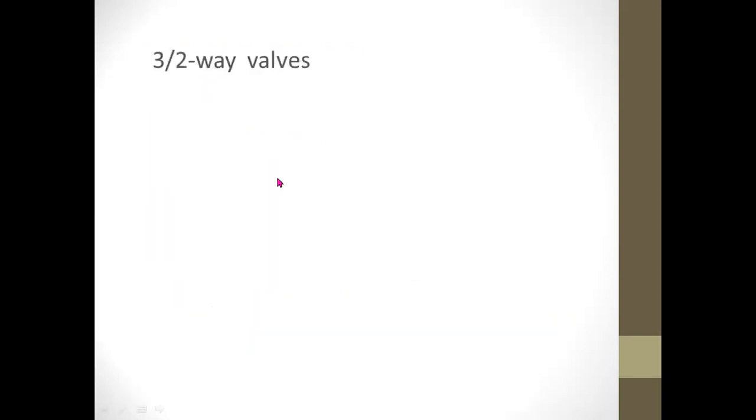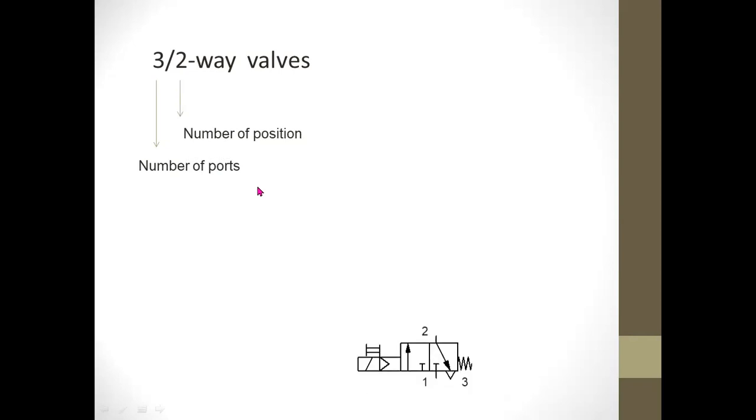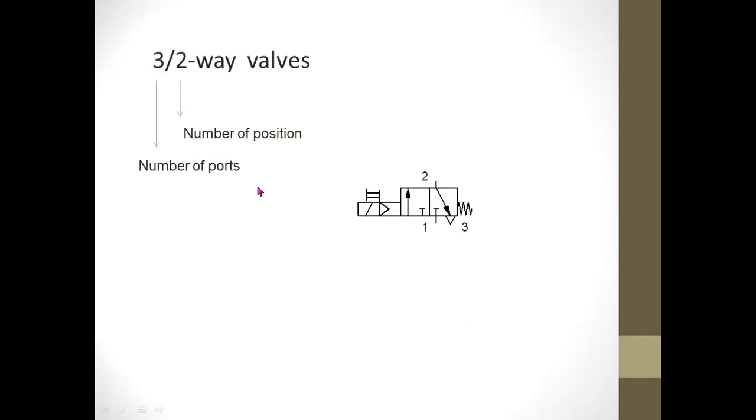For the double acting cylinder type, we have a specific type of solenoid valve that must be paired with the double acting cylinder, and that will be discussed in a while.